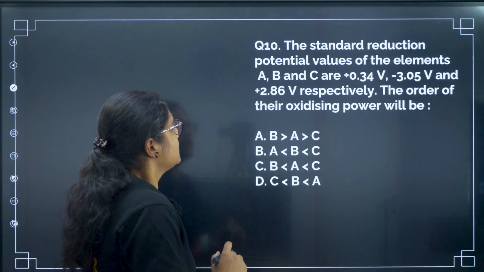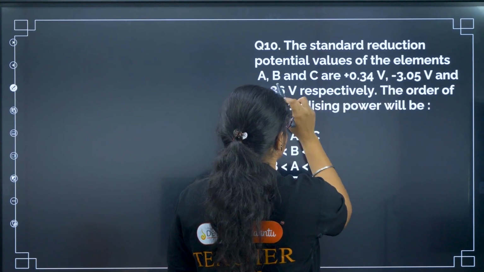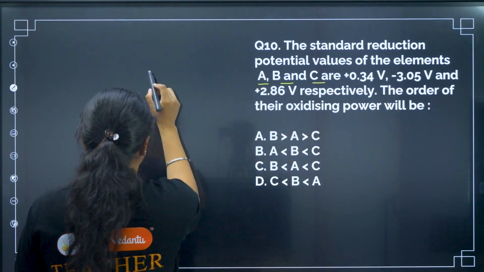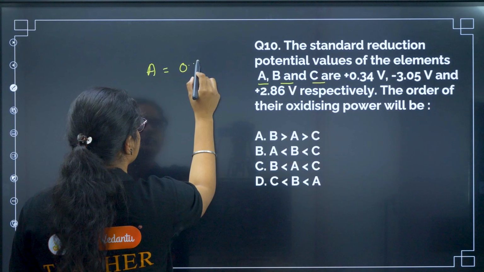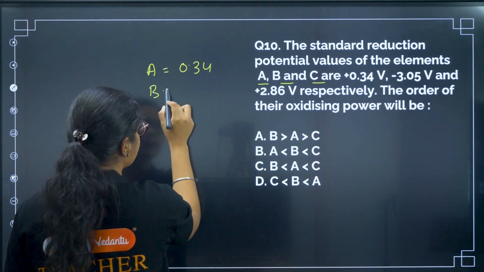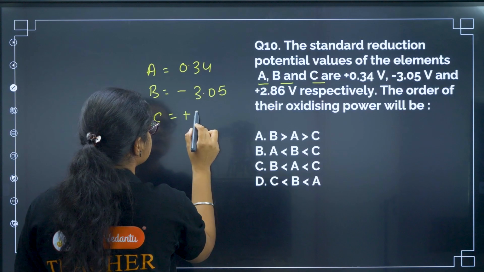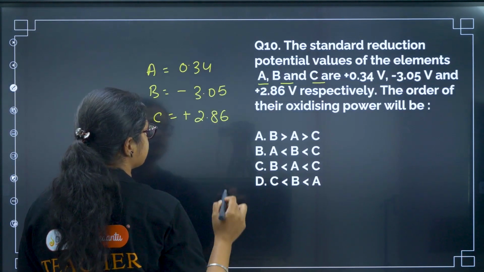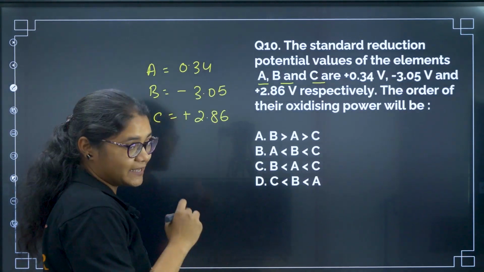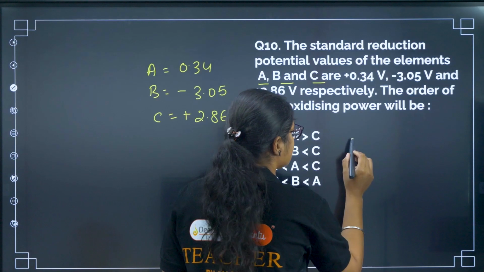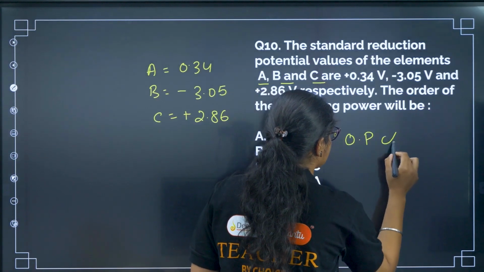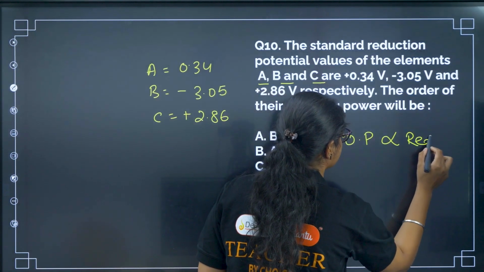Okay, next. Standard reduction potentials of the elements A, B and C are given. So we can write down A value is 0.34, B value is minus 3.05 and C value is plus 2.86. The order of their oxidizing power. So see here, oxidizing power is directly proportional to reduction potential.